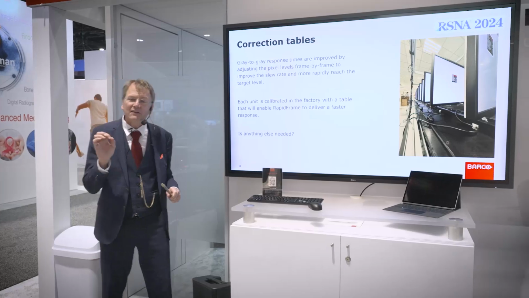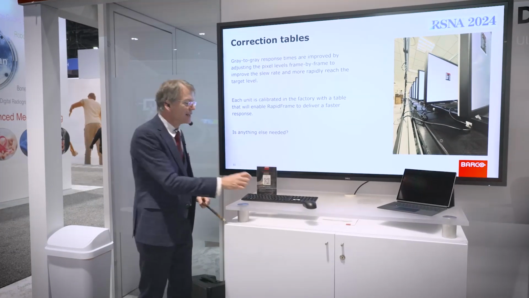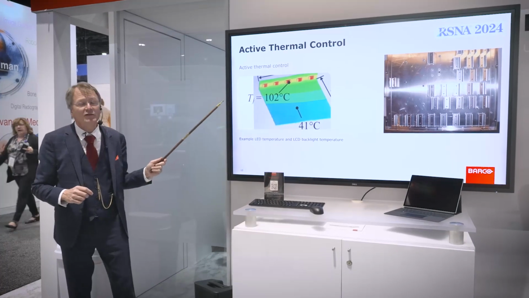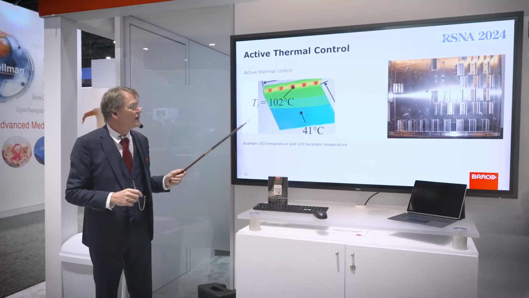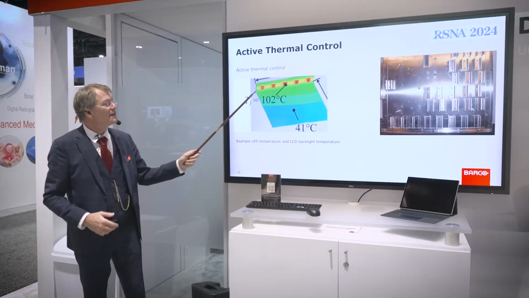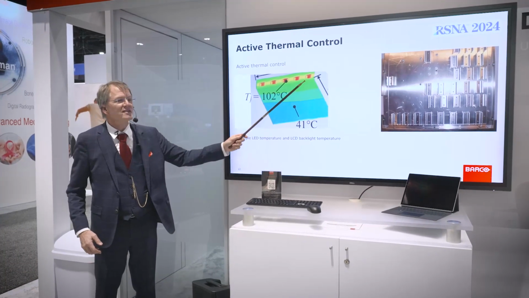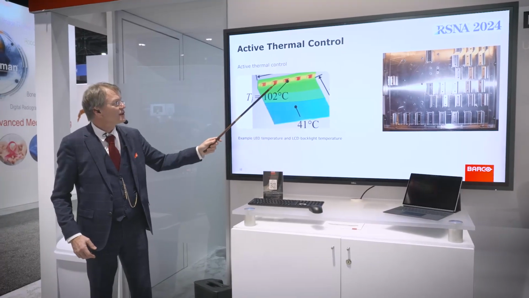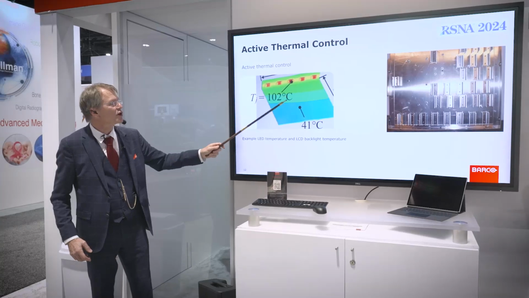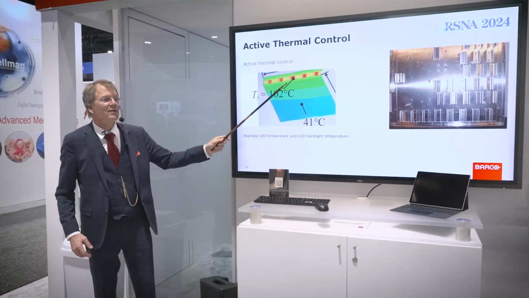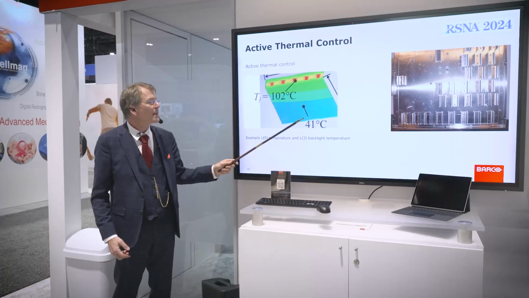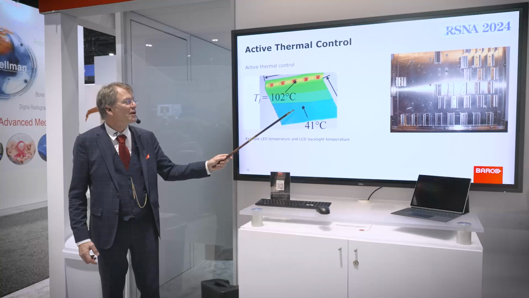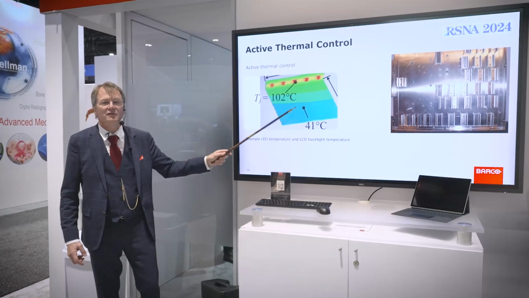So then finally, is there anything else that's needed? That's what I was alluding to: you really have to have active thermal control. In this diagram, this is showing some of the LEDs inside a flat panel, and you can see a map of the temperature, where the temperature of the LED may be 100 degrees C and the backlight temperature is 41 degrees C, but you can see that it's varying throughout.